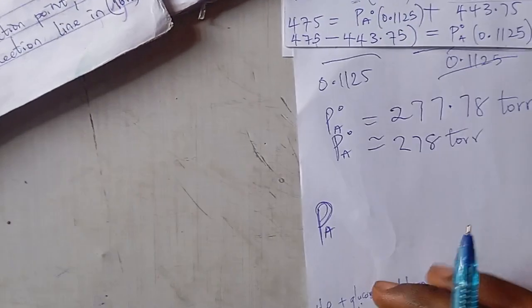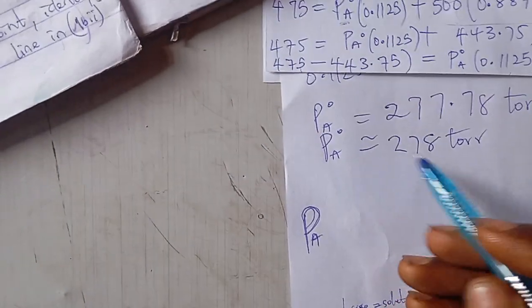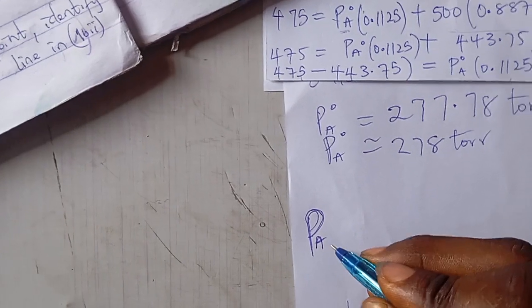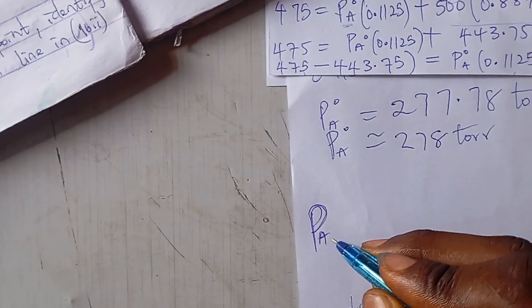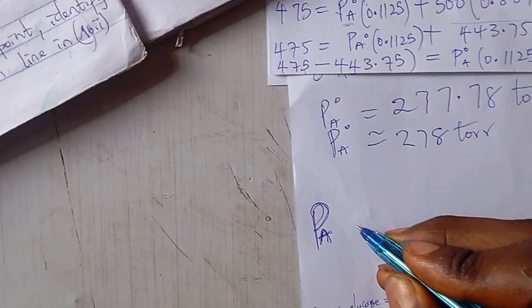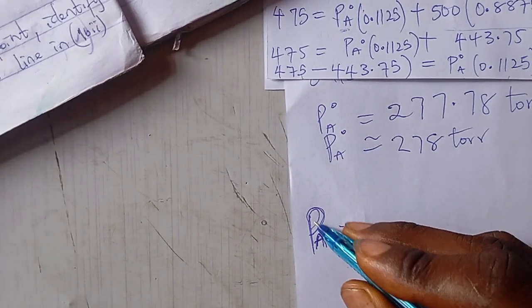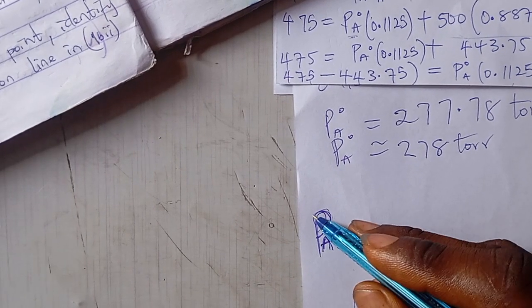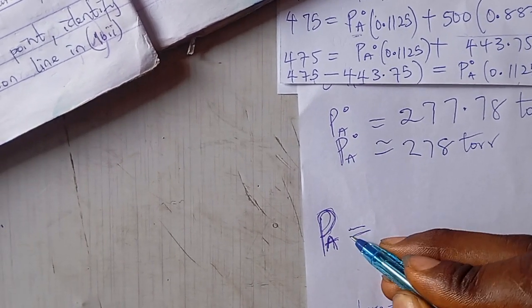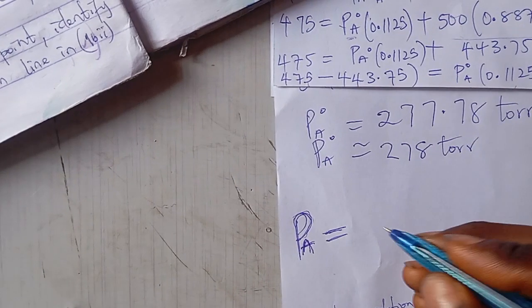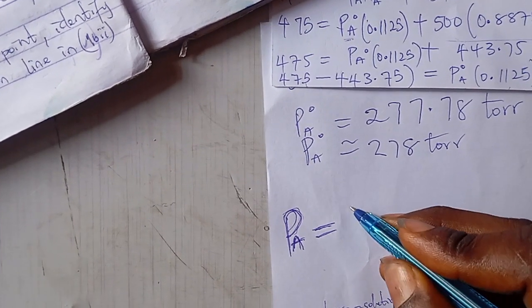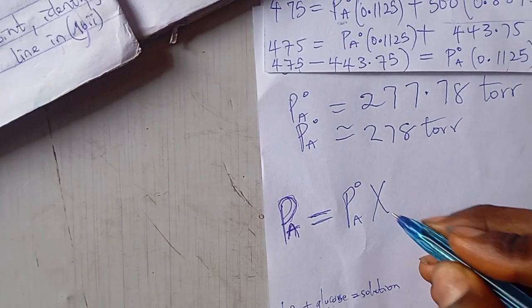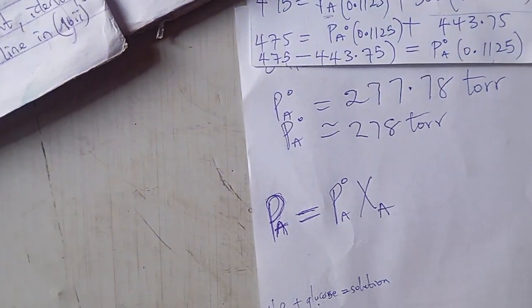So in this case, we've gotten the pure vapor pressure of liquid A. We need to remember that liquid A, due to the fact that it formed a solution with liquid B, is given by Raoult's law, which says that the vapor pressure of a constituent that has formed a solution is equal to the product of its pure pressure multiplied by its mole fraction.